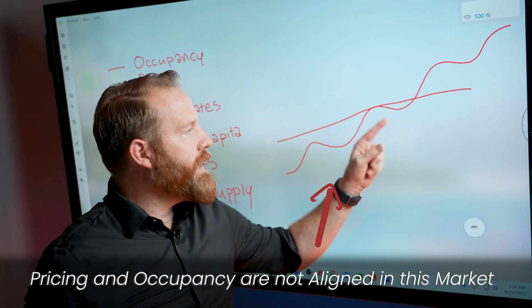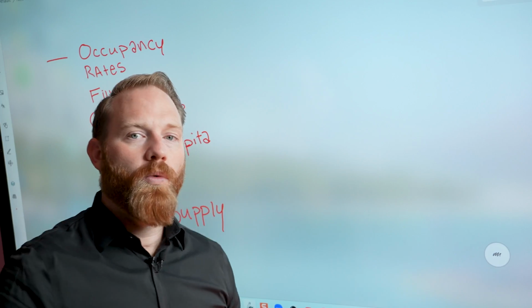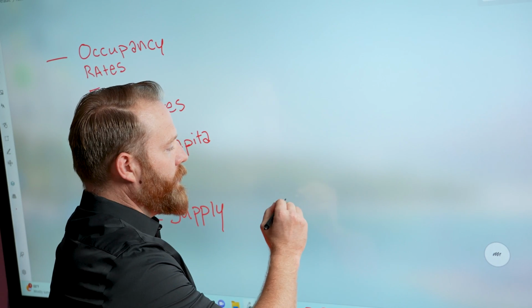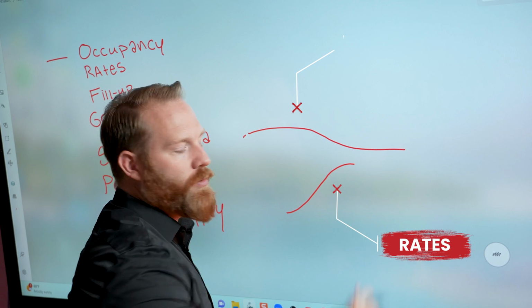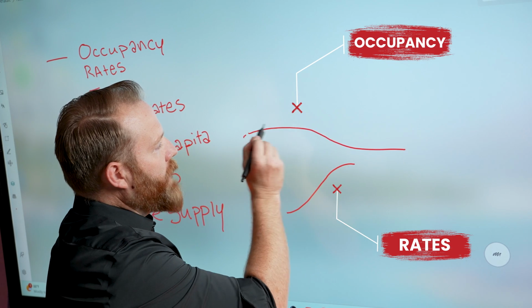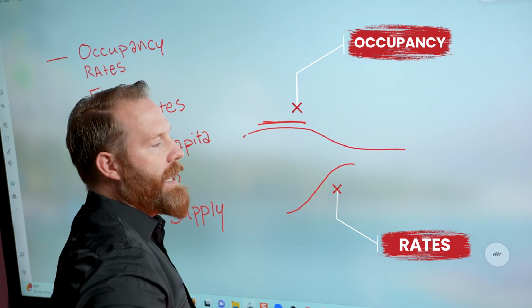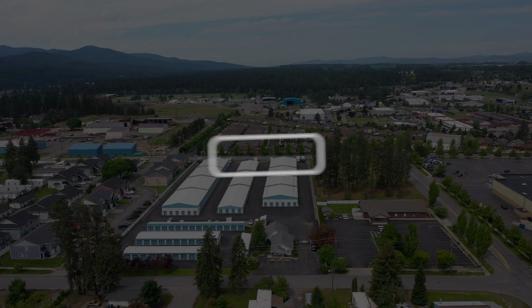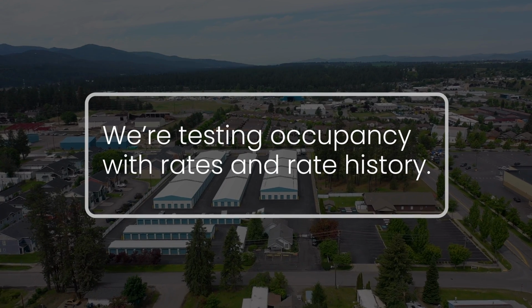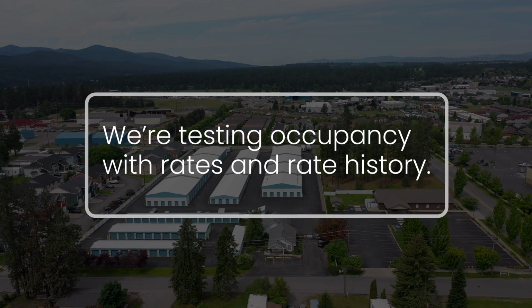The price is not affecting demand. What we don't want to see is that when rates go up, occupancies start to go down. That shows that the demand up here at 90% is predicated on a low rate. We're testing occupancy with rates and rate history.